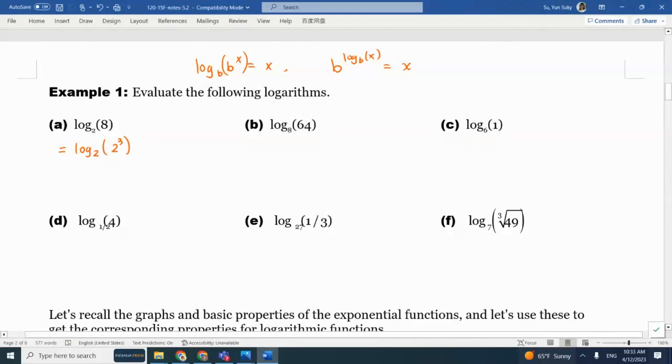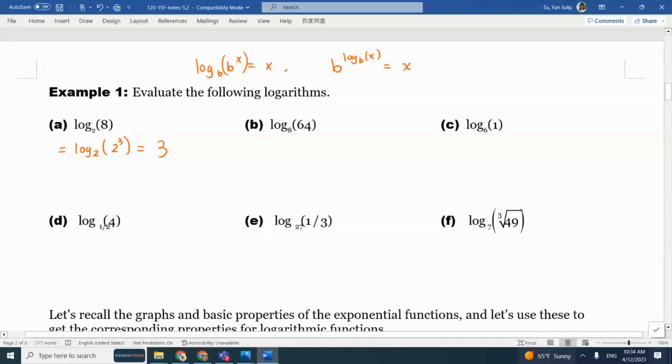Yes, everybody? See, you have the same base, log 2, they cancel, you get x, which is 3. We're using this property. Log b and b, the inverse functions, cancel. You only get the x back. So log 2 cancels, you only get the 3 here. Is that okay, everybody?